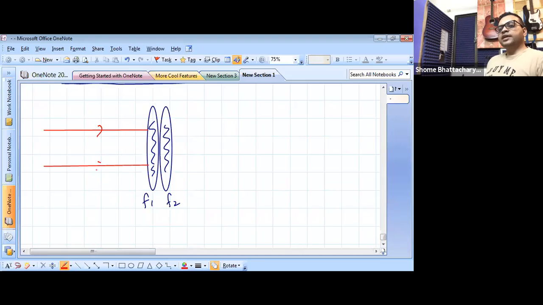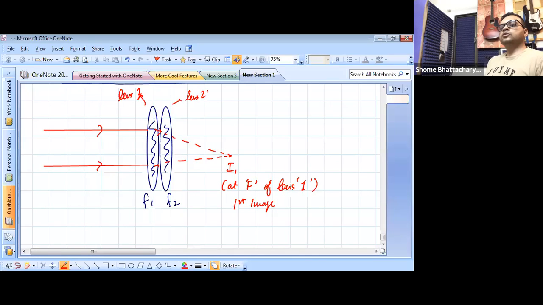So suppose, like in my diagram, I'm assuming that this is a converging lens. So the light from this will give me my first image, let's say I1, at the focal position of lens 1. This is my first image. This one is lens 1, this one is lens 2.